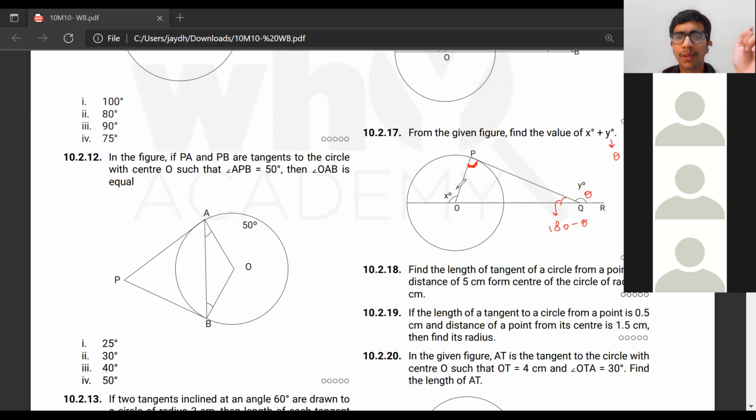Yes, sir. What will be this angle then in terms of theta? Or rather, tell me what is the value of x in terms of theta?